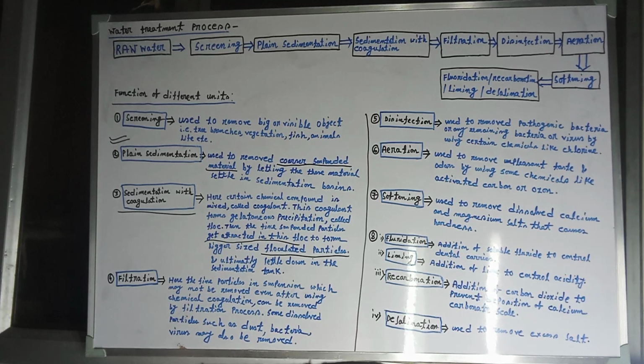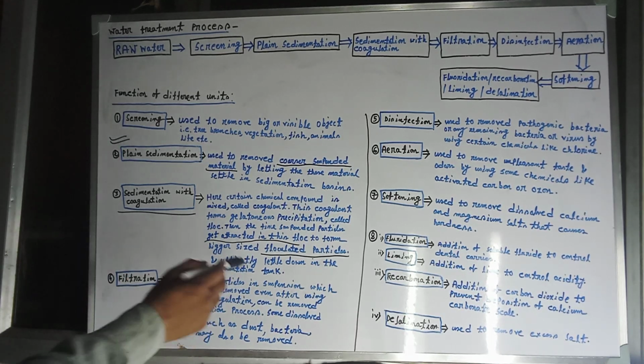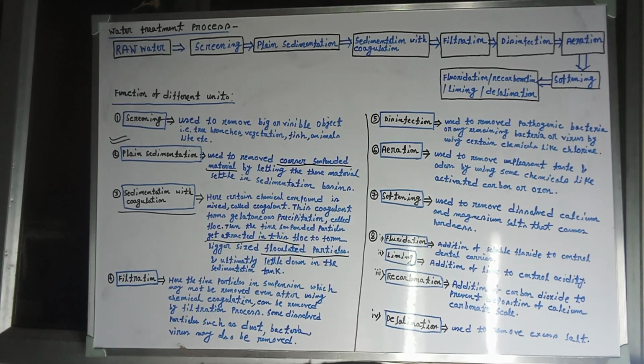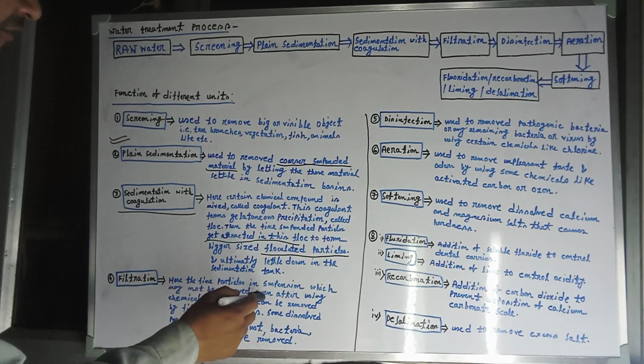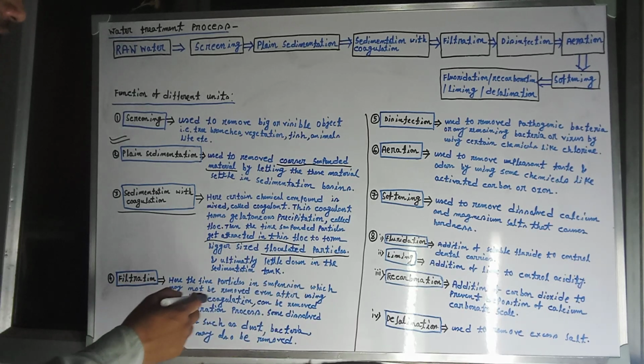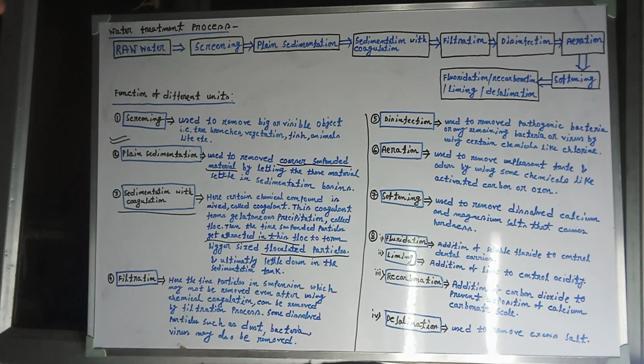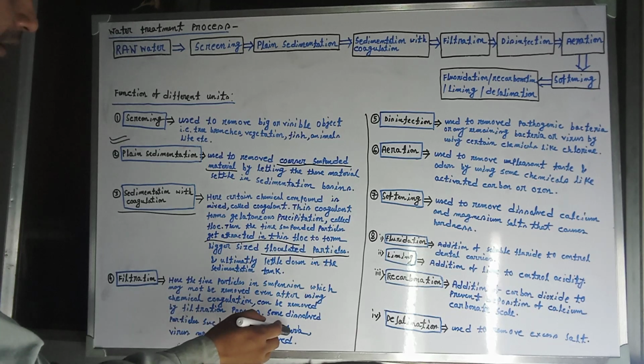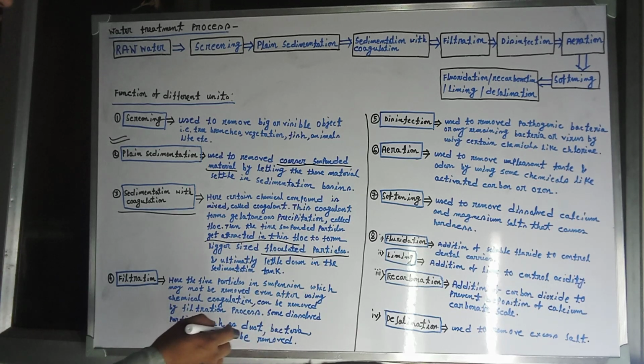What is the filtration process? Here the fine particles in suspension which may not be removed even after using chemical coagulation can be removed by the filtration process. Moreover, some dissolved particles such as dust, bacteria, and viruses may also be removed in the filtration process.